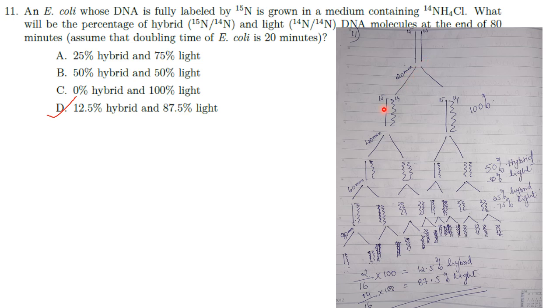So after 20 minutes it will be separated into two N15 strands or bands, and it is grown in N14 medium, meaning it will start incorporating N14 nucleotides. So it will give rise to hybrid DNA after 20 minutes, that is 100% will be hybrid DNA.